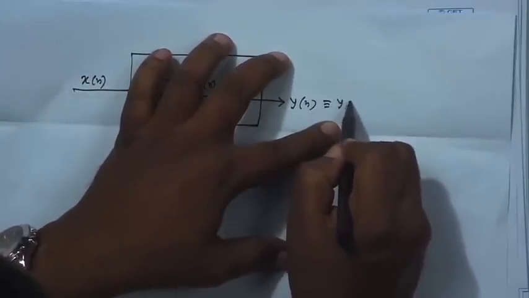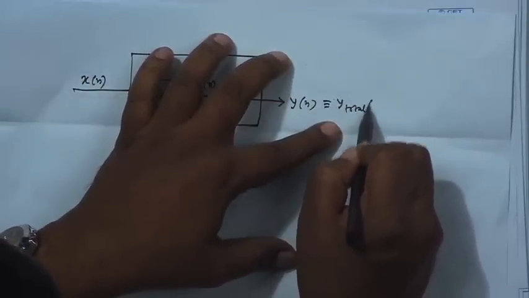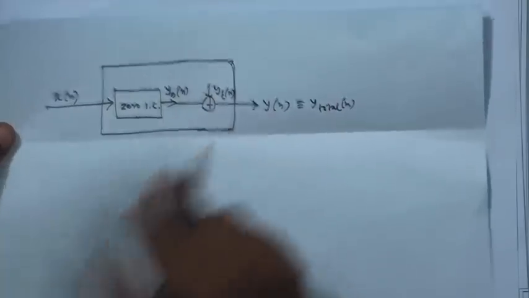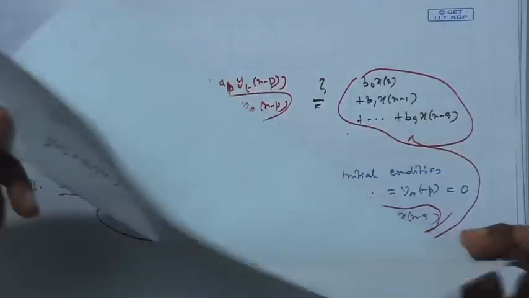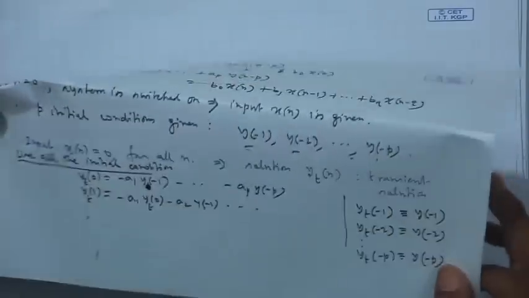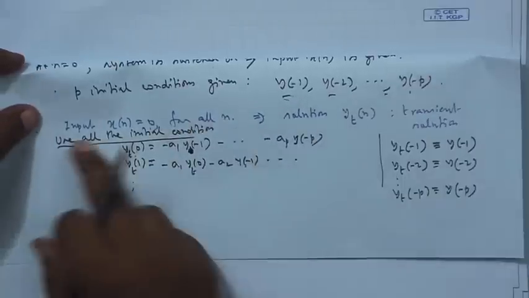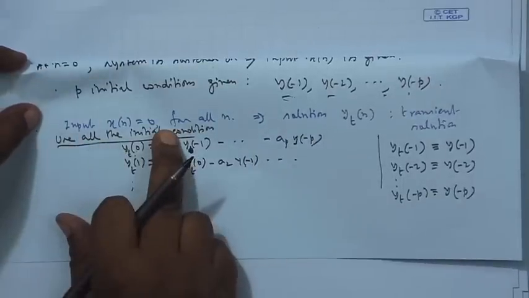then only you get y total n, you can call it y n, equivalent to y total n, because what is the total n? The summation of the two. So we add y t n. How is y t n generated? Y t n is obtained by taking the input to be 0 and solving this equation.